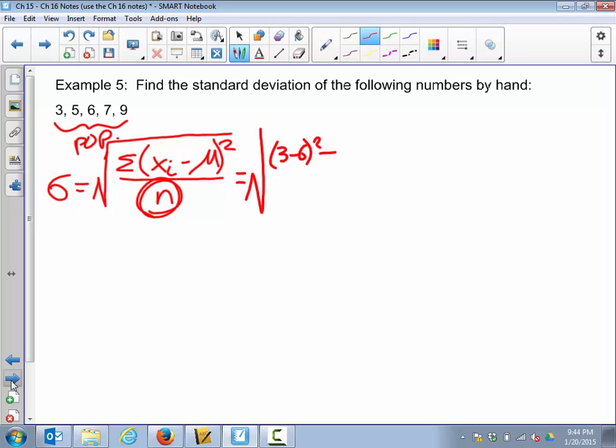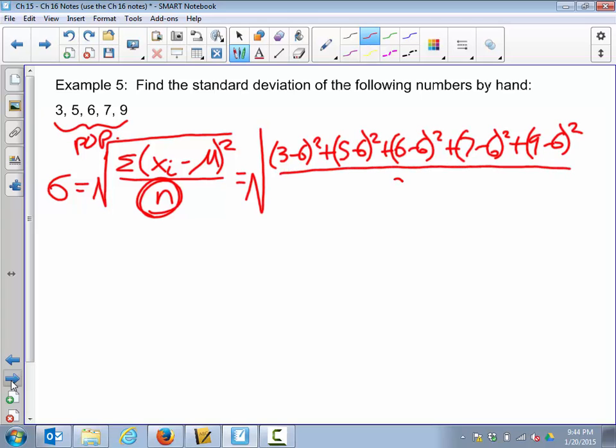Let's substitute in. So this is the square root of 3 minus 6 squared plus 5 minus 6 squared plus 6 minus 6 squared plus 7 minus 6 squared plus, finally, 9 minus 6 squared.